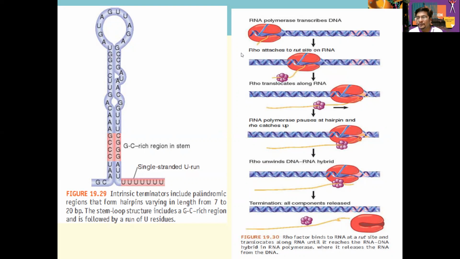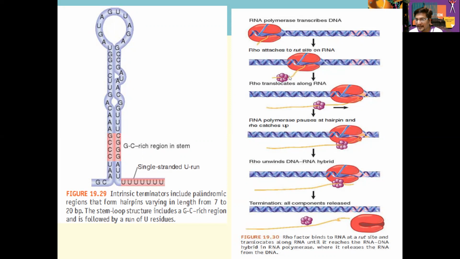Now let's talk about rho. Rho is a helicase which binds to a site we call the rut site, and you can see over here this rho is going to translocate along the RNA. It will move around, and the RNA polymerase pauses at a hairpin loop, and rho is going to catch up.